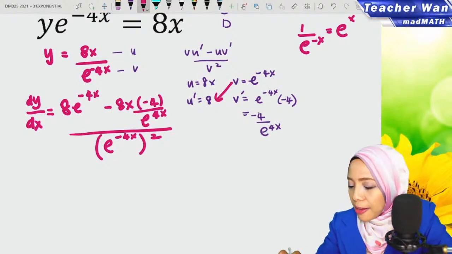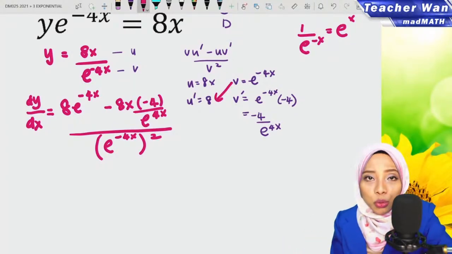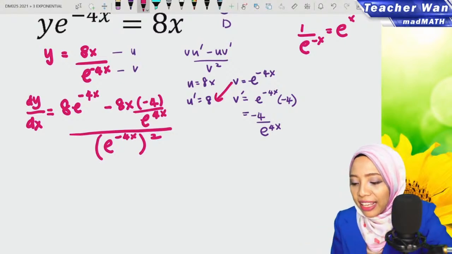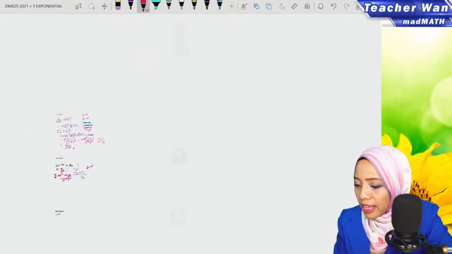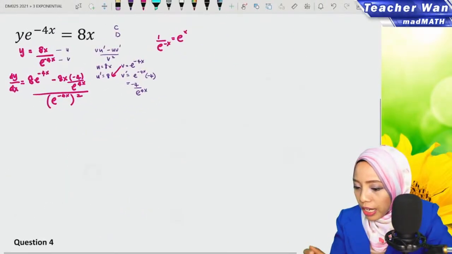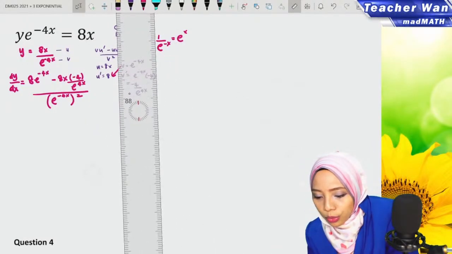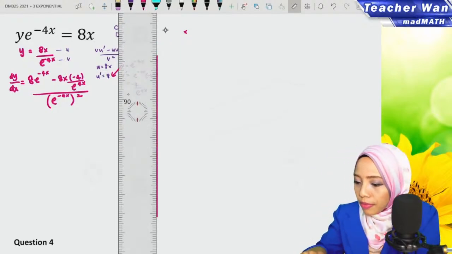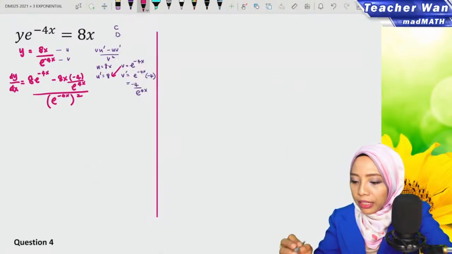Okay, or you may continue this way, but it will be a little bit tedious. I want to show you the easiest way. I do not wish to continue this. I would suggest you modify a little bit.